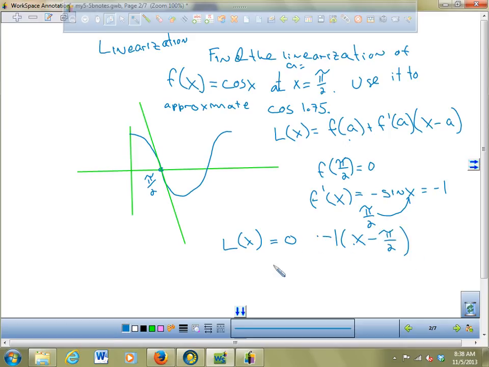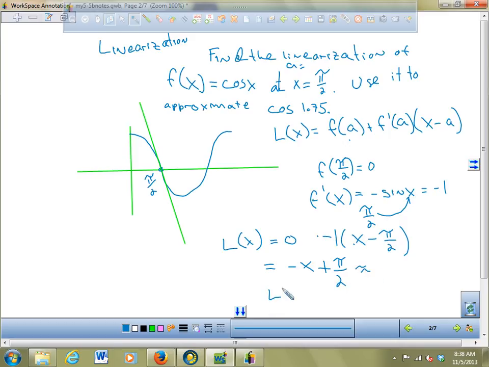And if I simplify this expression, I just get negative x plus pi over 2. So what this linearization idea says is that if I take a number close to pi over 2, and I want to find the cosine of it, I could just use this line. So I could kind of do that in my head.